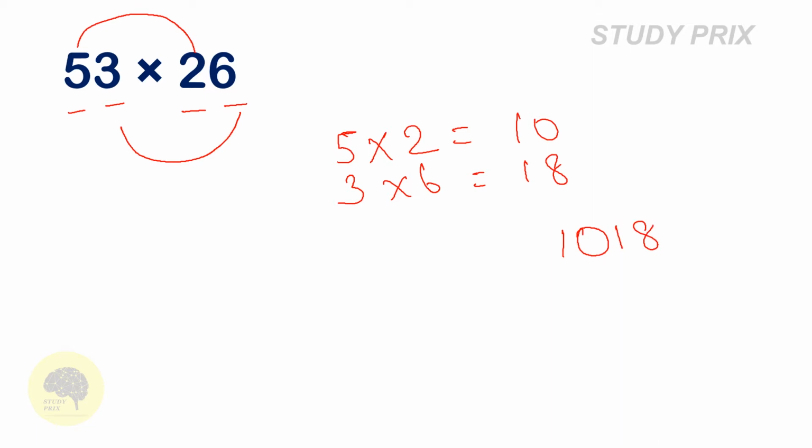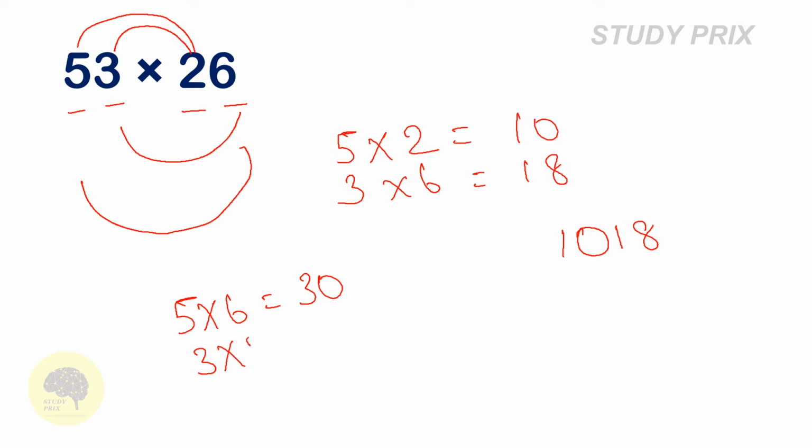And the second step we have to do is the multiplication of tens place with another ones place and the ones place with another tens place, which gives 5 cross 6, which gives 30, and 3 cross 2, which gives 6.